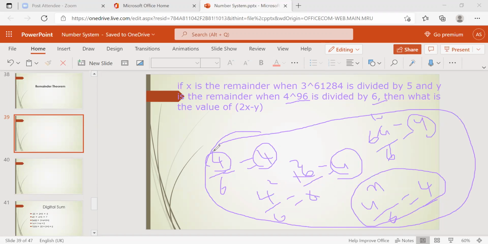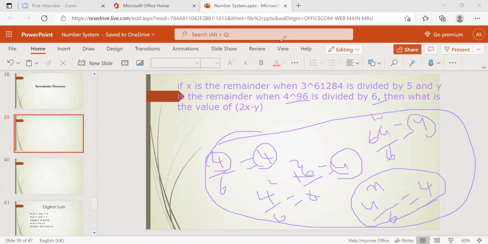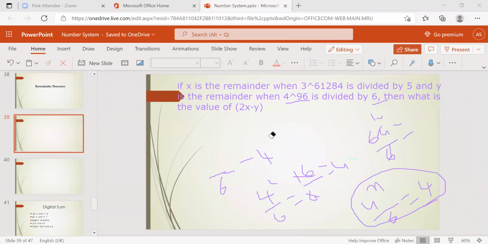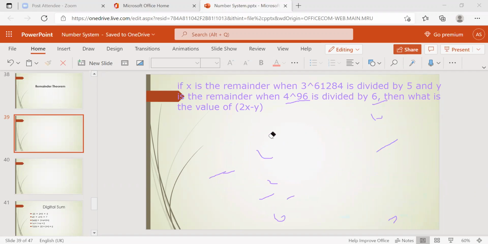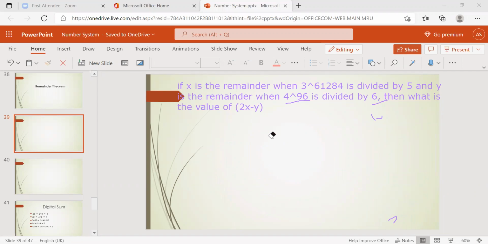Whenever we divide 4 power anything by 6, what is the remainder? The remainder is 4, right? Now first see, 4 power 96 is given by 6.